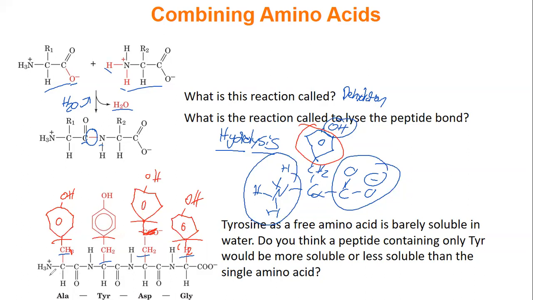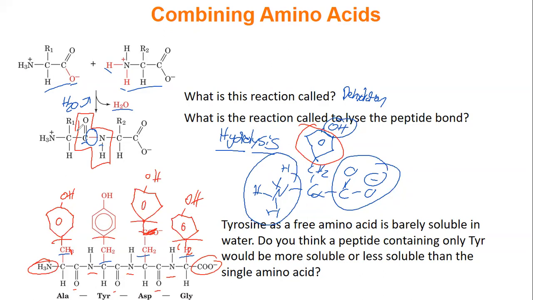And look at the backbone though. You only have one charged N terminus and one charged C terminus. The rest, sure, they can hydrogen bond, but they're no longer charged. On the peptide bond, when you form a peptide bond, the C and the N lose their charge. They're still polar, but they're not charged anymore.